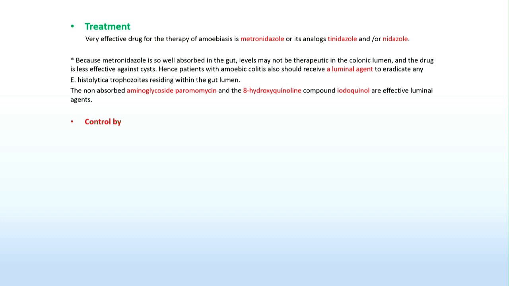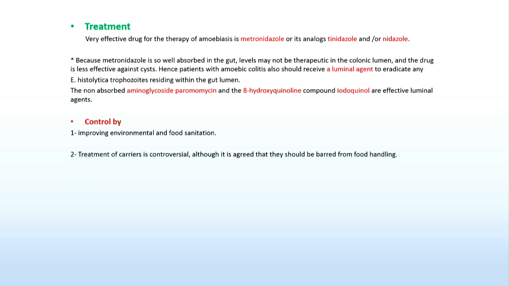We can control Entamoeba histolytica or prevent it by improving environmental and food sanitation. Treatment of carriers is controversial, although it is agreed that they should be barred from food handling.